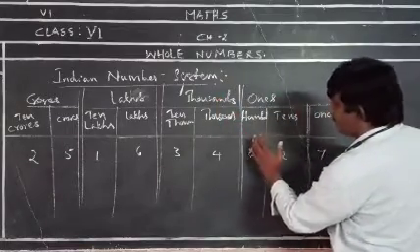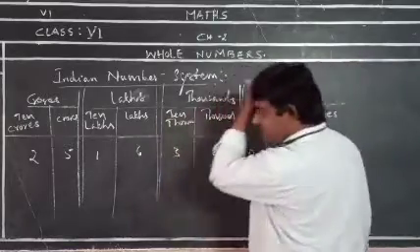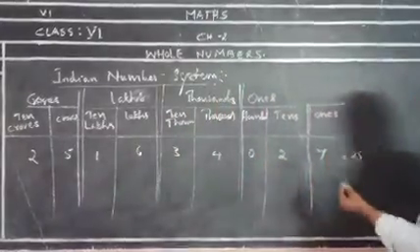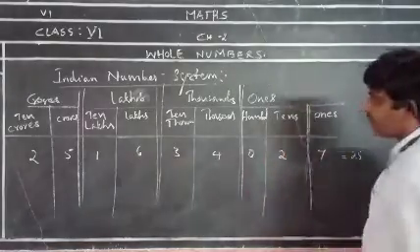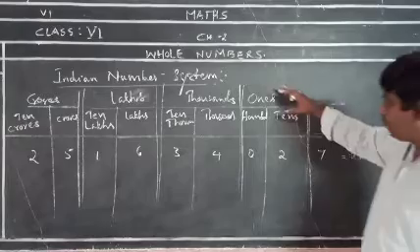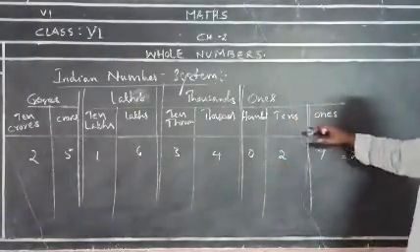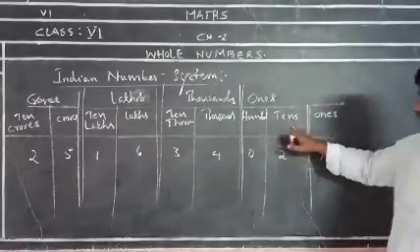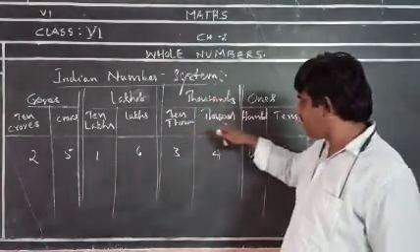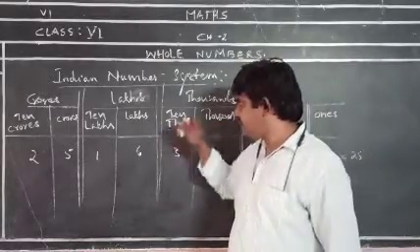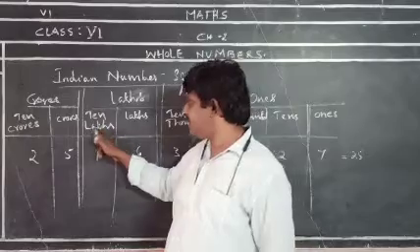To represent the respective houses, we take a comma sign for the respective houses. Here the ones house consists of 3 digits, 3 place values: ones, tens, hundreds. The thousands house consists of 2 place values: thousands and 10,000. The lakhs house consists of 2 place values: lakhs and 10 lakhs.